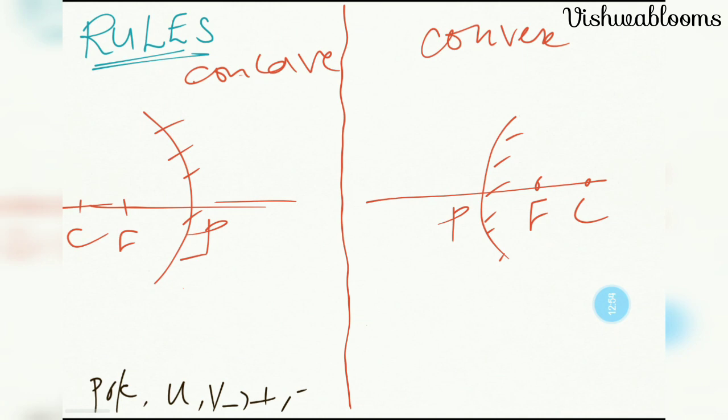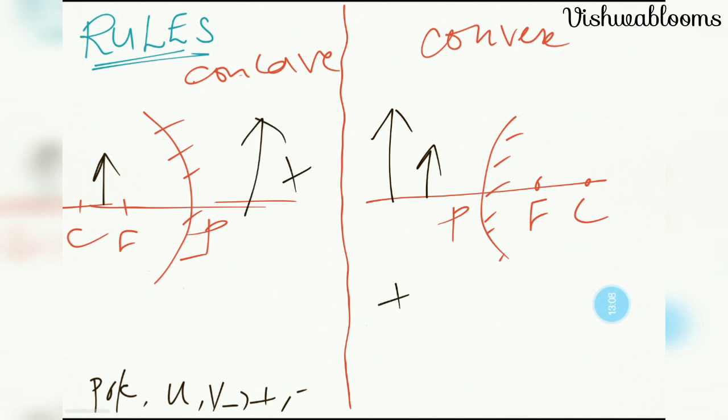Now the next rule we have, that is C. Object, suppose it is kept in this direction. So the heights above the principal axis are measured as positive. Heights above the principal axis are measured as positive. And if the image is coming real and inverted, sometimes it will come, right? That time the height is going to be negative.